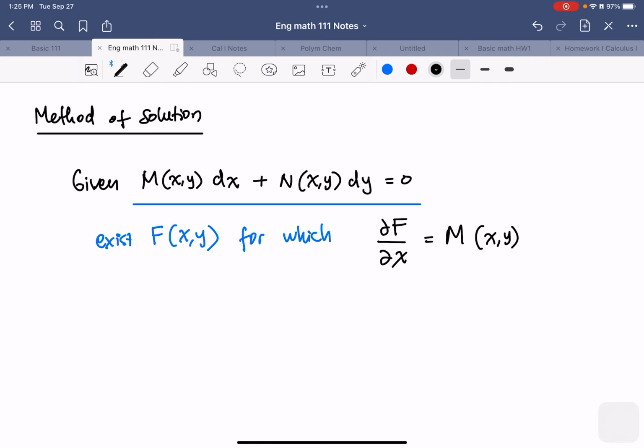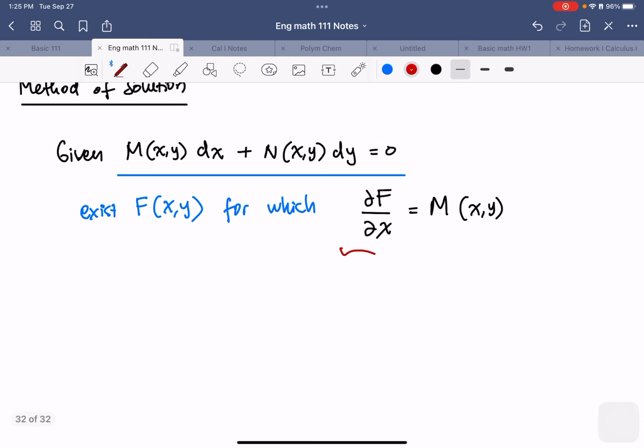From this statement, if we would like to get back to our original equation, which is our F, what we are going to do is integrate both sides.